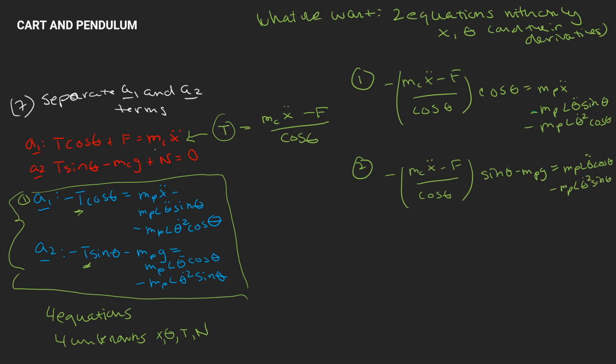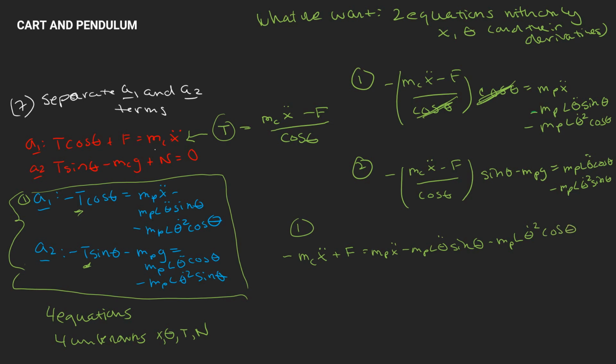All right, so now we just have to simplify. So again, we'll start with equation 1 here. So we can cross this out and cross this out here. So we're left with negative MC x double dot plus F is equal to MP x double dot minus MP L theta double dot sine theta minus MP L theta dot squared cosine theta.